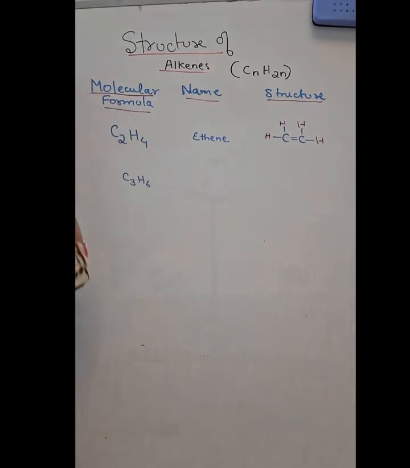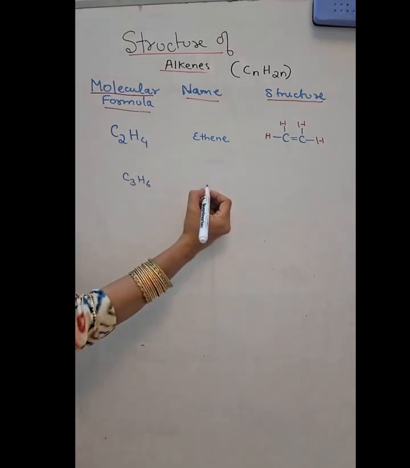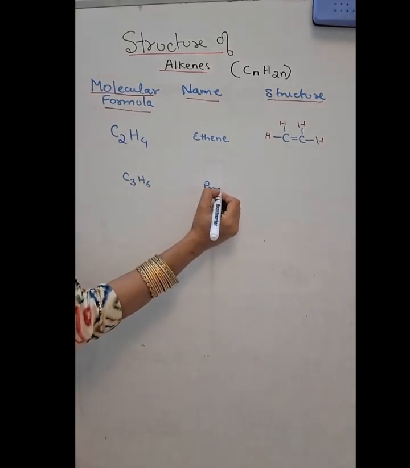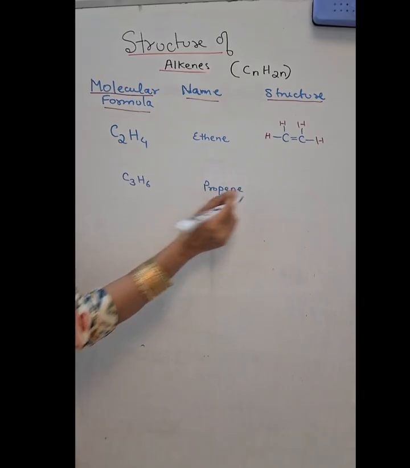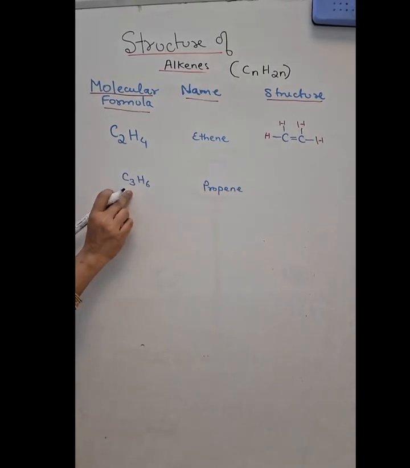So this is the molecular formula of the second alkene. The name of this alkene is propene. Why prop? Because it is made up of 3 carbons, and ene because it is an alkene.